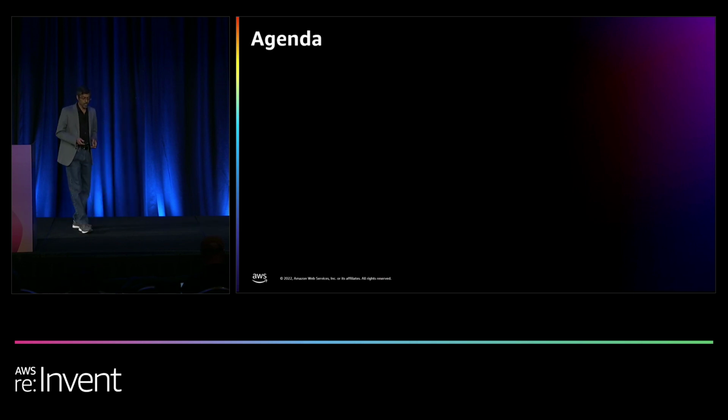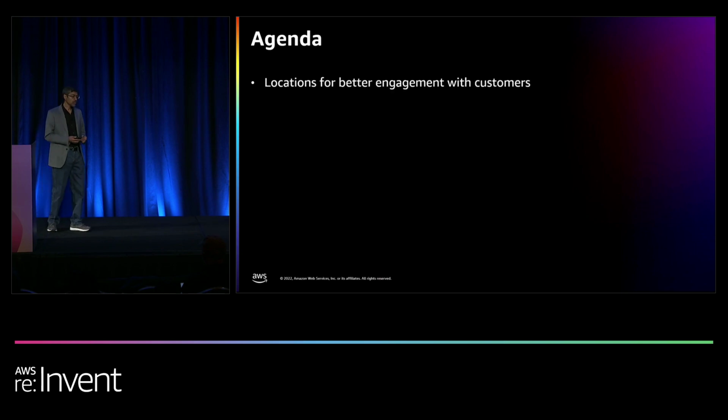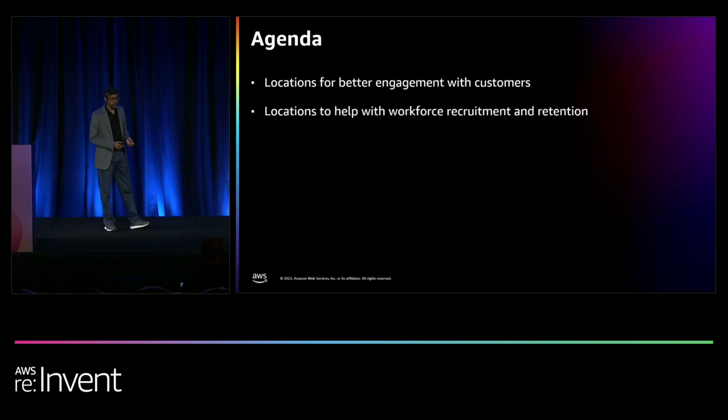Now, we are going to look at 3 aspects. One is how can we improve the engagement with our customers based on the best site suitability that we can provide them. We have to look beyond addresses. Address plus the intelligence that we get out of that address is what's going to be critical to us. We also have to look at our employees and our workforce. How do we recruit them?